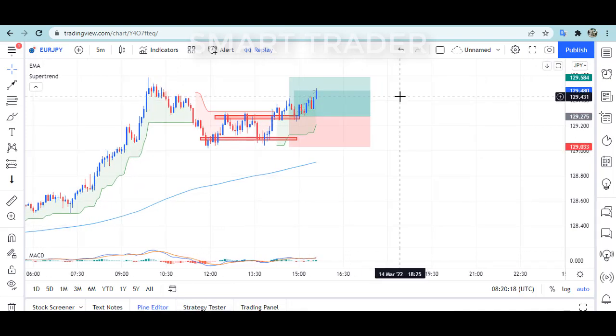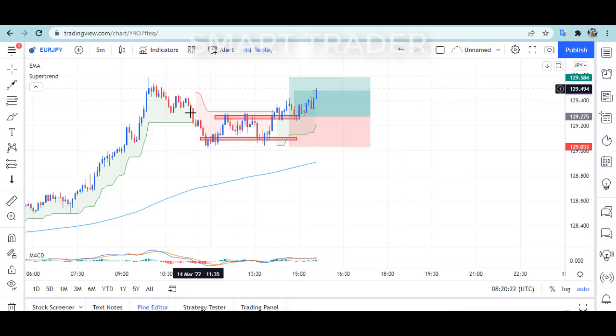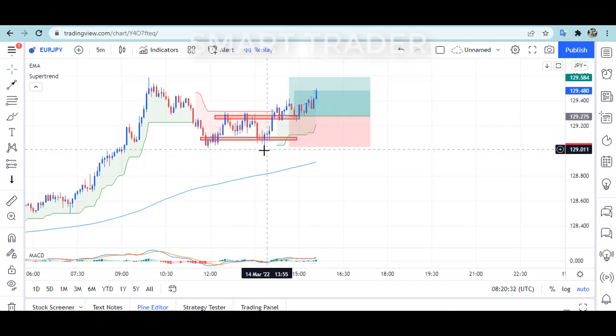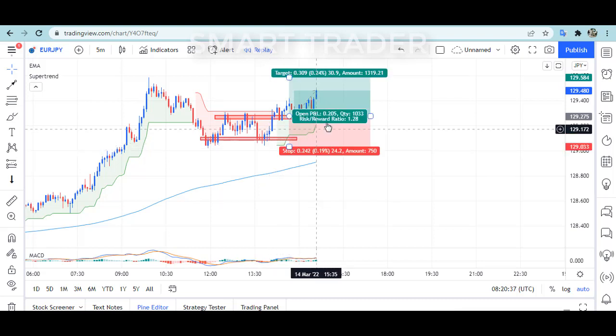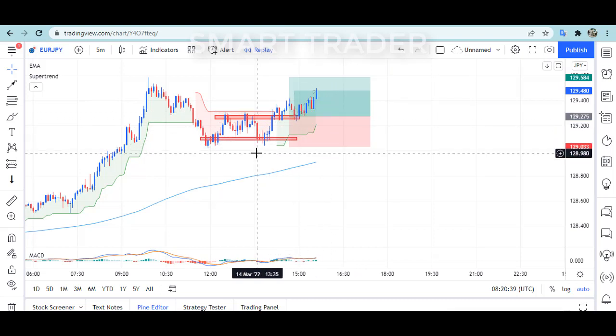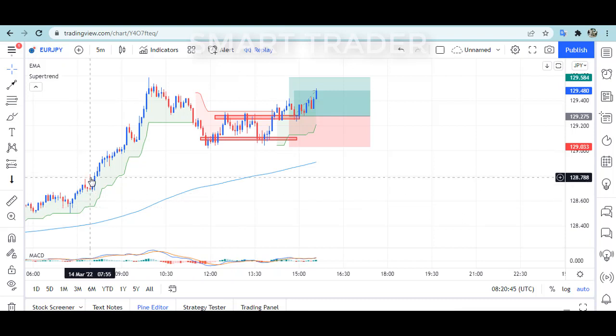So as you can see, we use the Supertrend red as the market context, and the MACD cross to identify it. A green means the Supertrend signals an uptrend, so we don't buy when the Supertrend signals an uptrend.